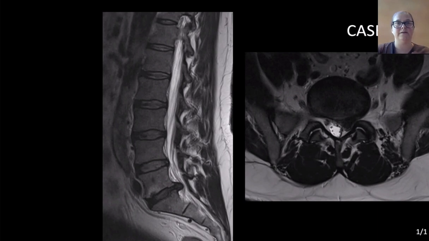Again, I think it's really important to have an understanding of what the accepted descriptors are, some accepted scales for assessing spinal canal and nerve root compression, and what should go into a report. So let's move forward, and we're going to talk all about those things, okay? And we'll come back to this case.